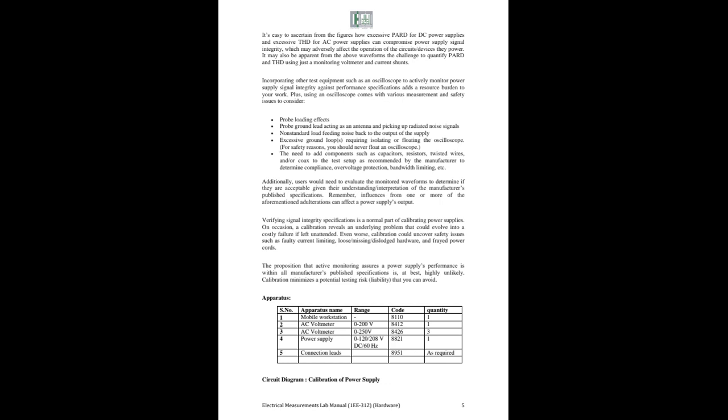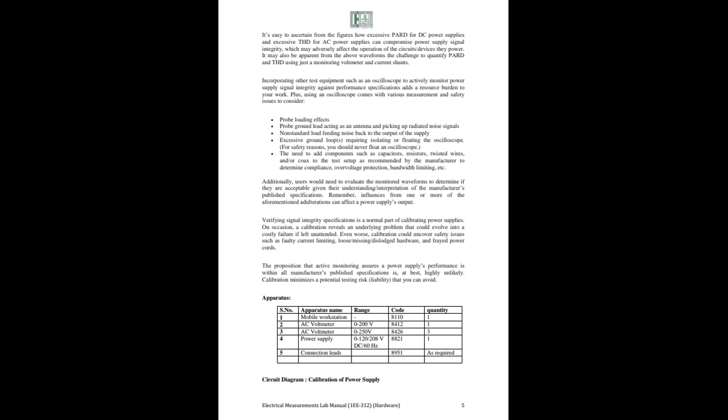Even worse, calibration could uncover safety issues such as faulty current limiting, loose, missing or dislodged hardware, and frayed power cords. So if you calibrate carefully, you can see safety issues like hanging wires or missing wires, and all this comes under quality.